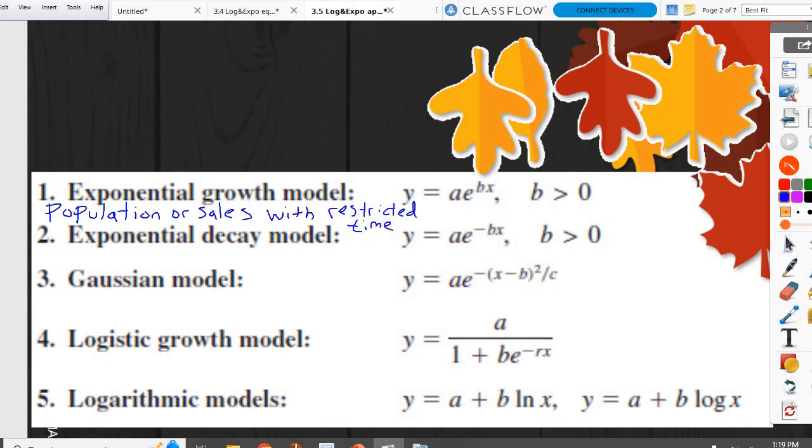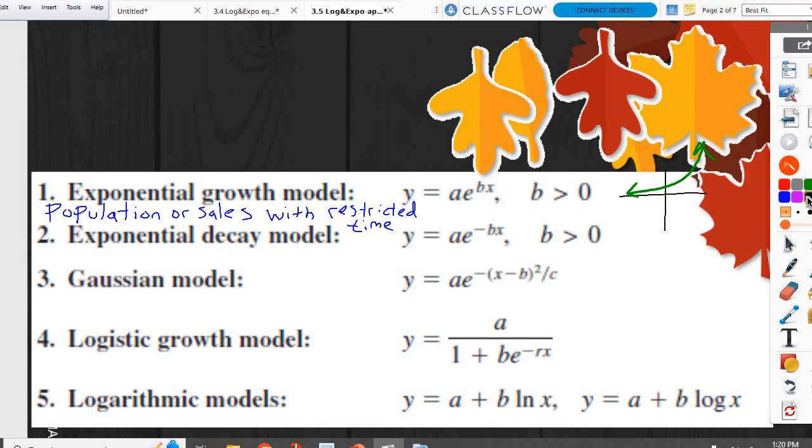Because remember that an exponential growth model is exponentially big, yes? And in a real-world situation, my population isn't going to get big forever, or my sales aren't going to continue to increase forever. So usually they'll say, this represents the population between the first and fifth year. They'll restrict your time.